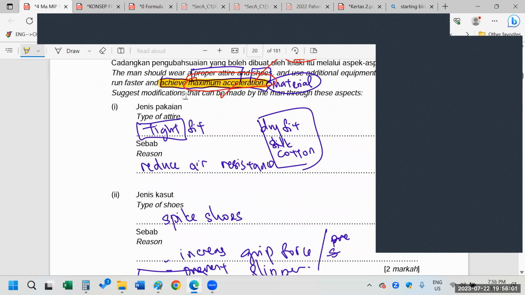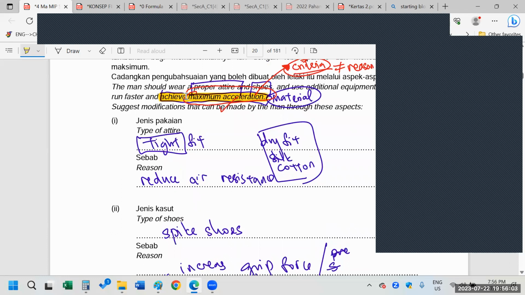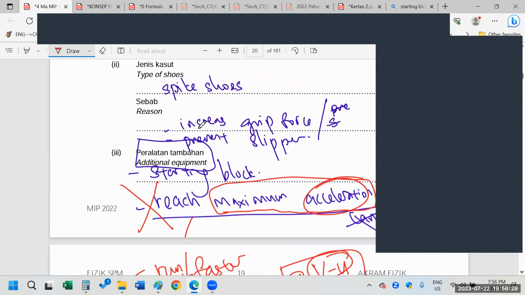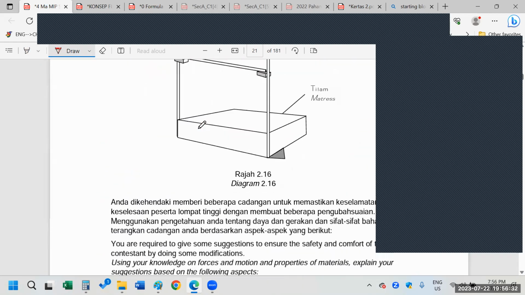If you feel insecure, you just underline. Underline with blue pen is easy to see. So this is one of the answering techniques.